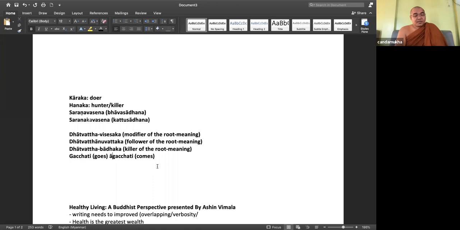In the middle, after anusati and padesati, the Buddha purposely added sati saranada. Why? According to the commentator's explanation, the Buddha wants you not to confuse this saranada with taking refuge in the triple gem.